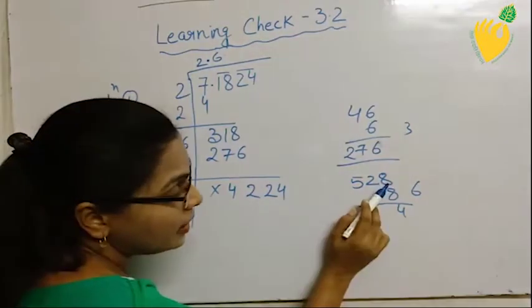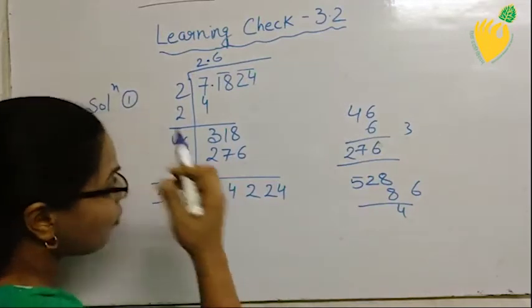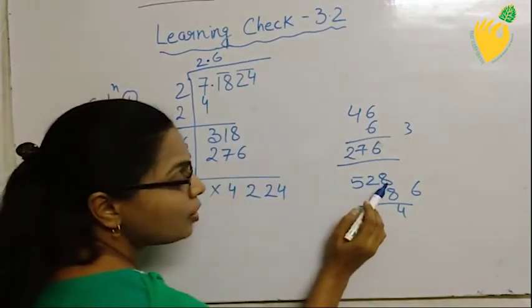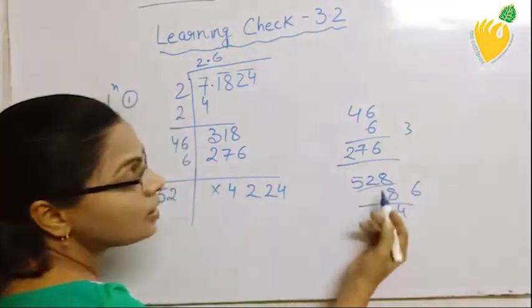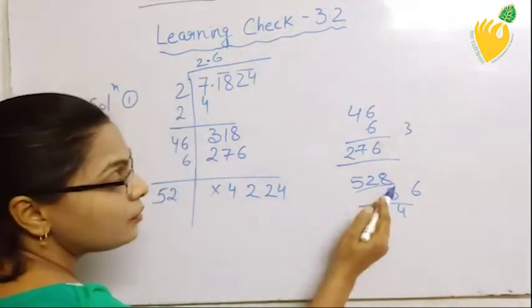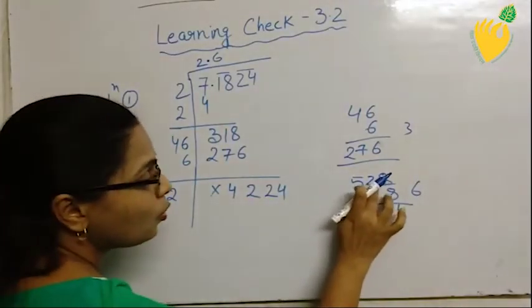Always remember students that the new digit, whatever the digit we are taking at the unit place of the number, we have to multiply the whole digit with the digit we are taking here at the unit place.